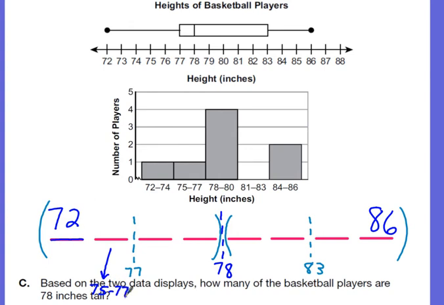And I guess the next 4 spots would be taken up by players between 78 and 80 inches tall. And these last 2 spots are going to be between 84 and 86. So I guess that guy is going to be 86. We already filled the last spot.